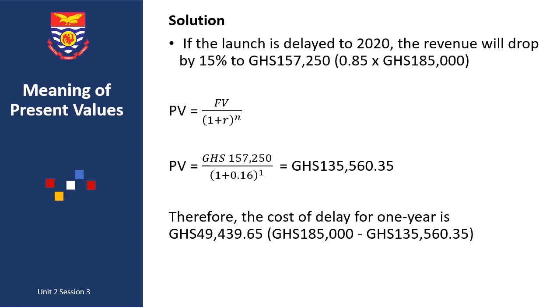So the cost of the delay is the difference between the 185,000 and the 135,560, which is 49,439.65 Ghana cedis. So this is the cost of the delay for the 1 year.